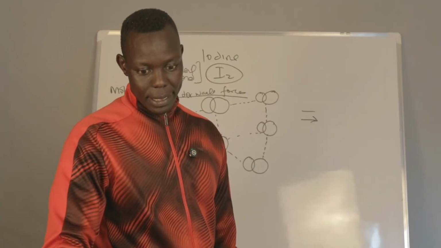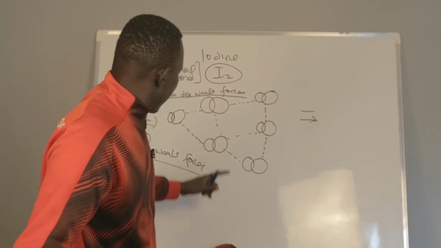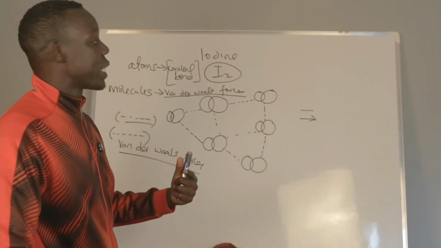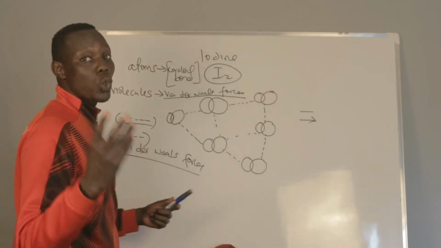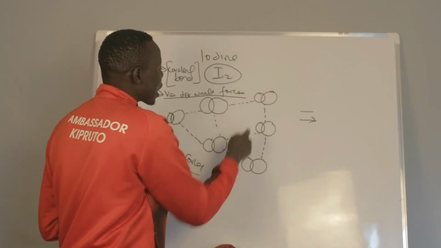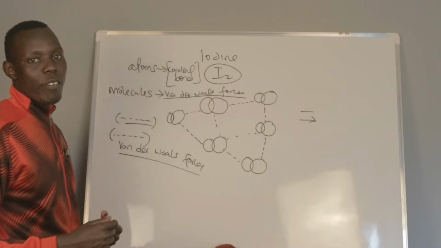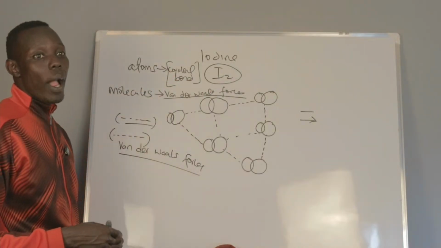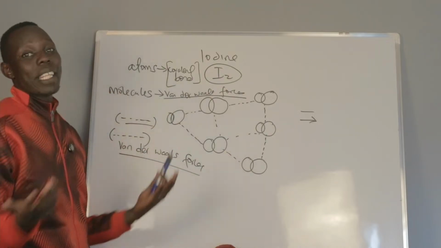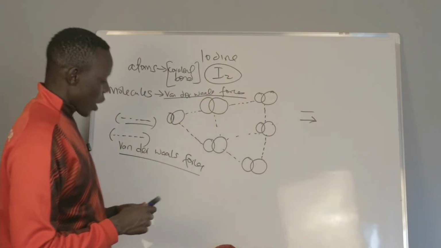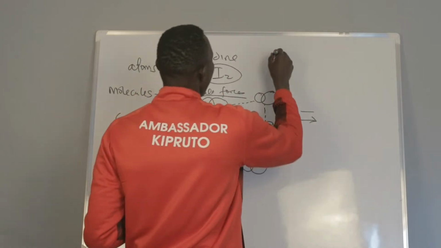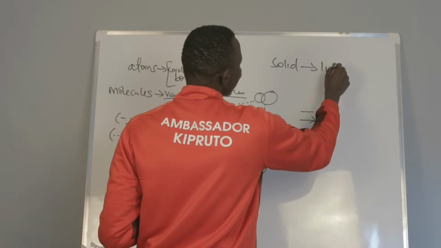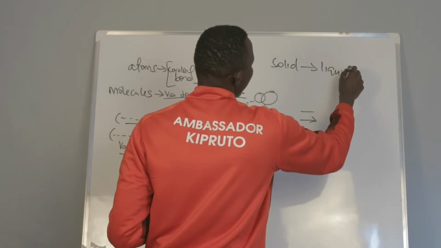Let's look at this. If you supply heat to iodine, what you are supposed to break is the van der Waals force. In fact, we cannot say iodine has a very low melting point. We are always used to solid to liquid to gas.